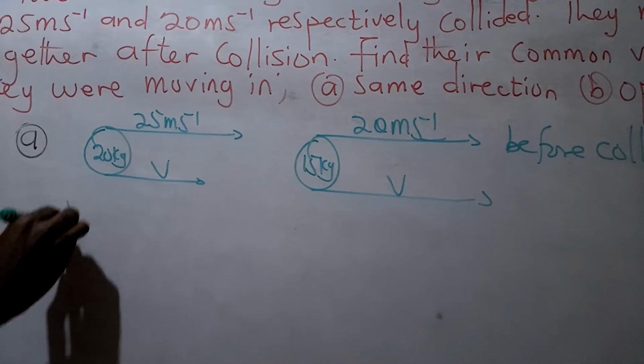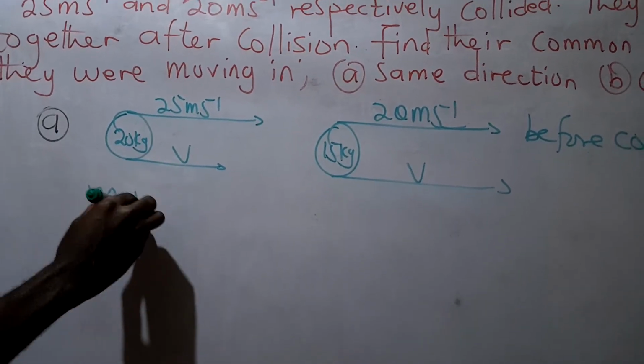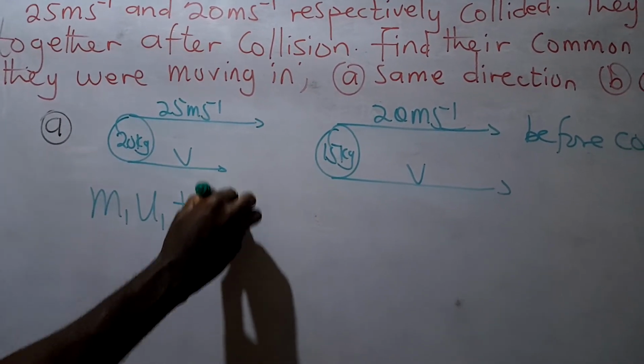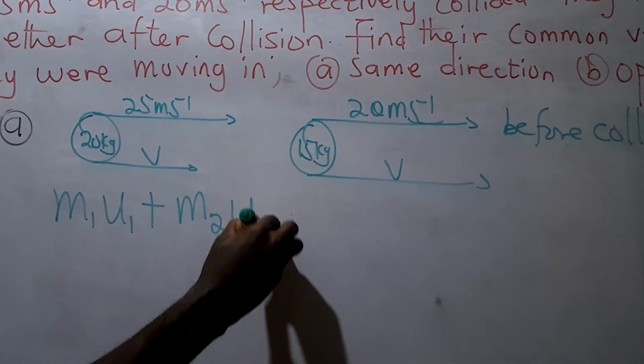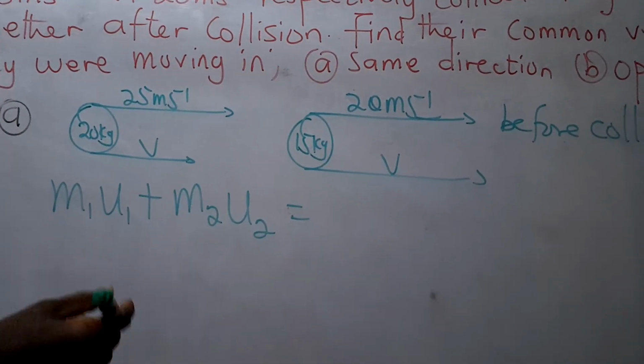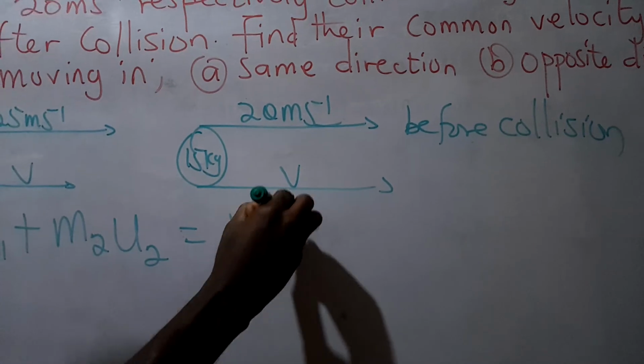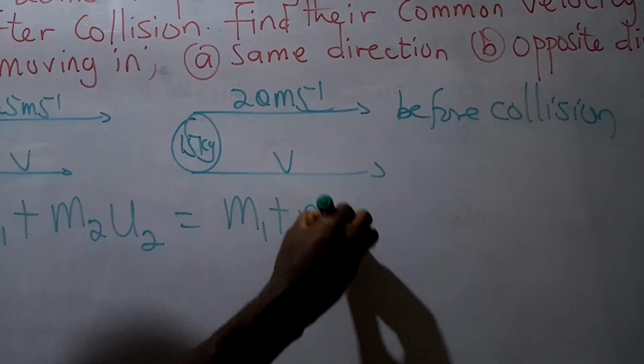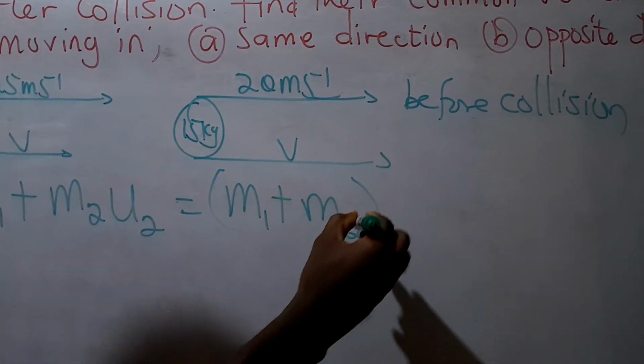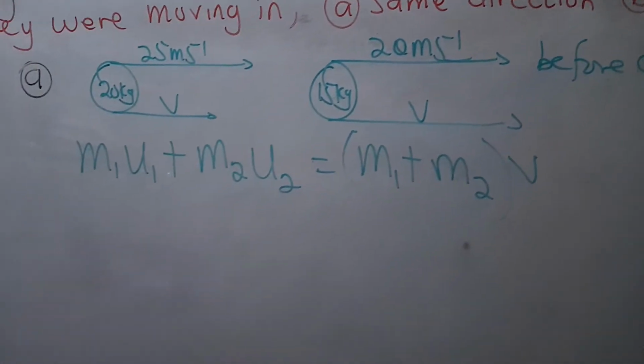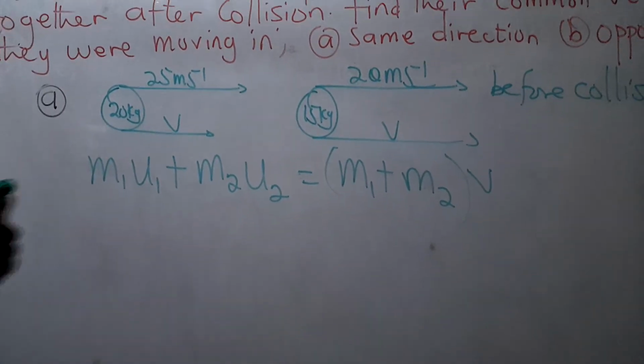Remember we said the total momentum before collision is equal to the total momentum after collision. So m1 u1 plus m2 u2 equals m1 plus m2, since they are moving with the same velocity, times v. Now what's our m1 here?